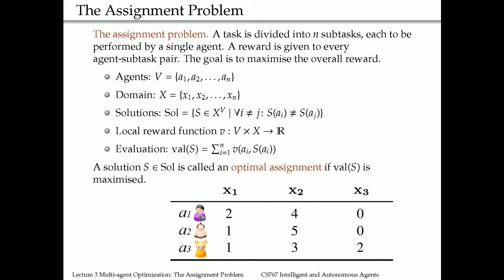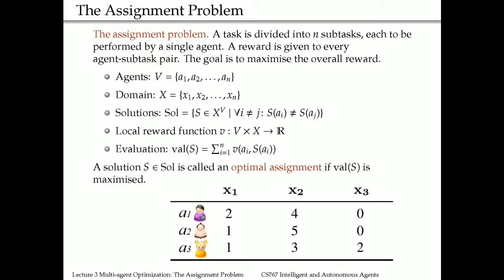And a solution is basically a function that maps agents to the domain. Because it's an assignment problem, we also require that different agents would be assigned to different values in the domain in a solution. So you can think of it as a shop, right?